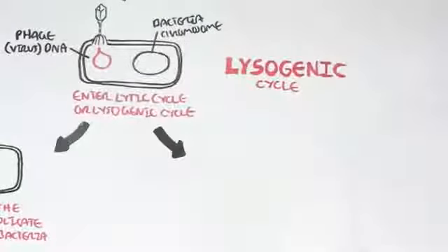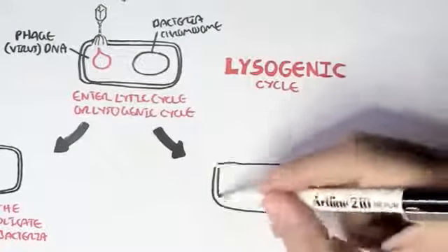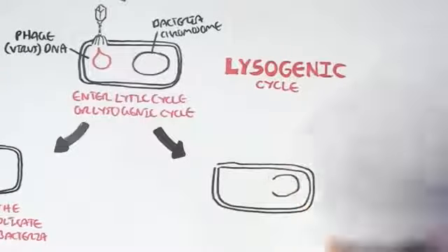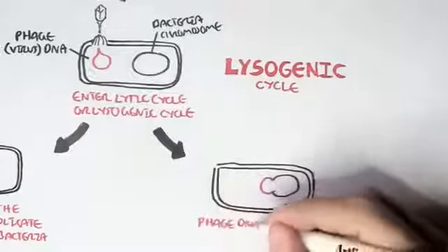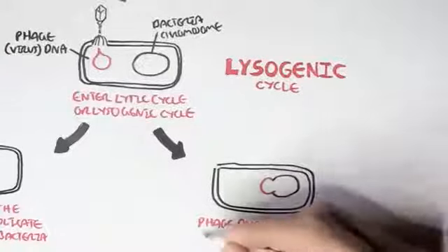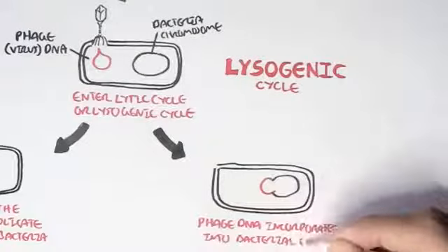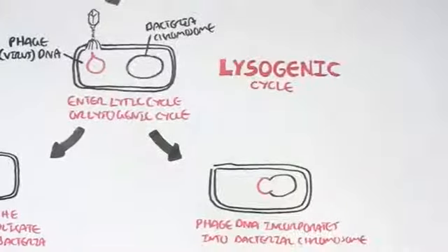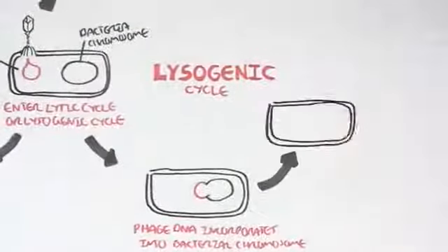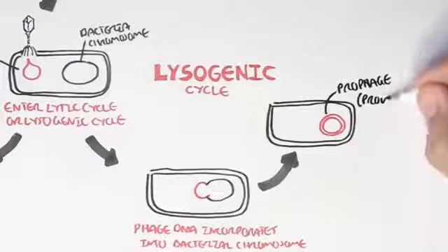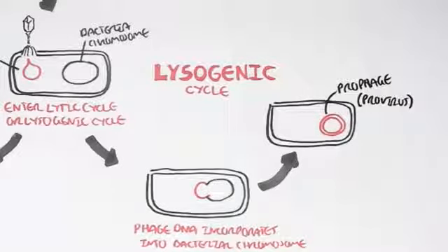Let's have a look. Now, following the insertion of the phage DNA inside the bacteria, the phage DNA can actually incorporate itself into the bacterial DNA, the bacterial chromosome, creating what's called a prophage or provirus. Now, what would this mean?